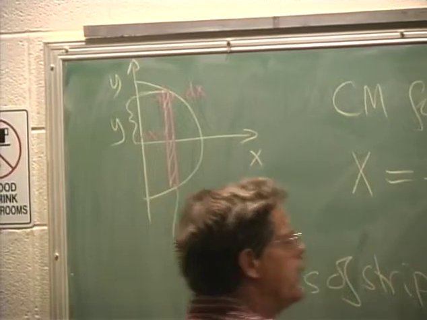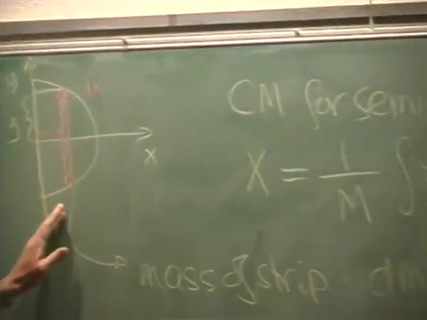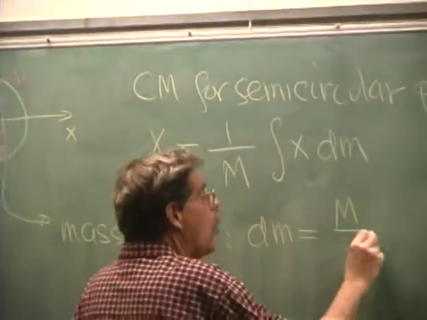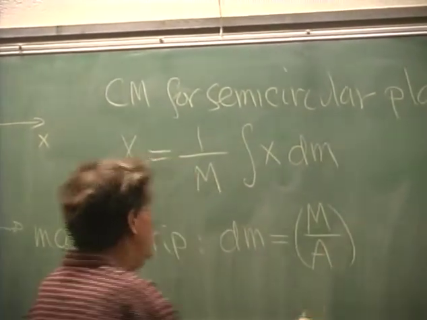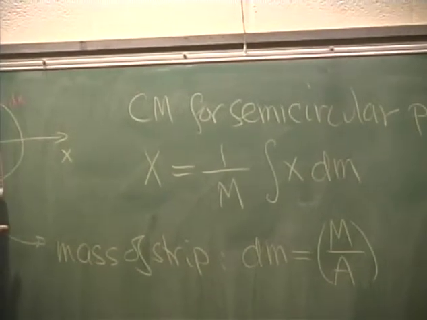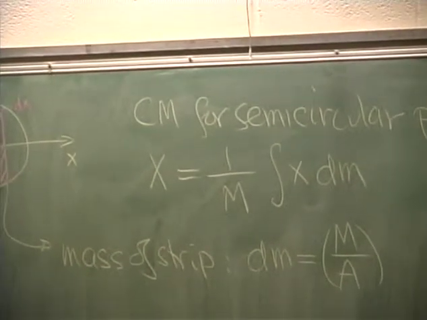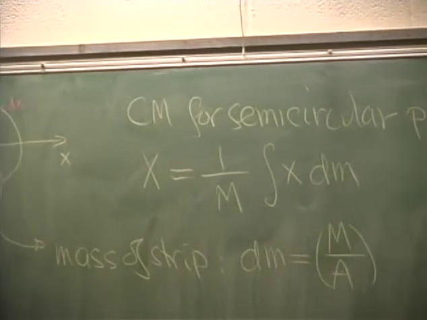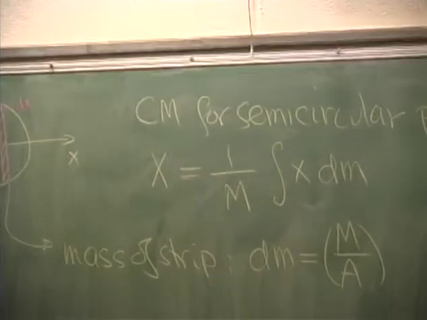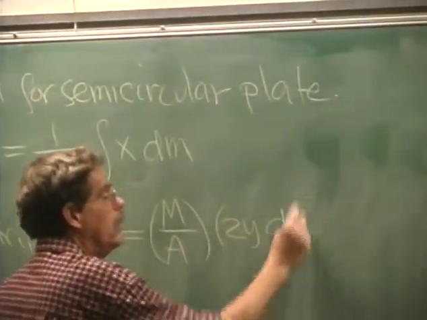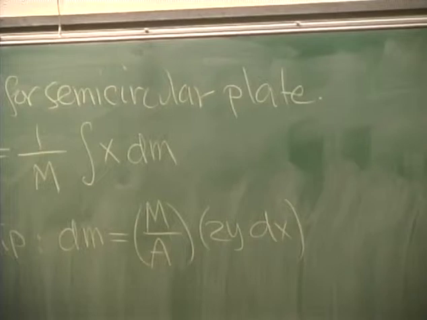dm is the mass per unit area, in this case m over A, times the area of the strip. What is the area of that shaded red strip? Its height is 2y, and its width is dx, so it would be 2y dx.